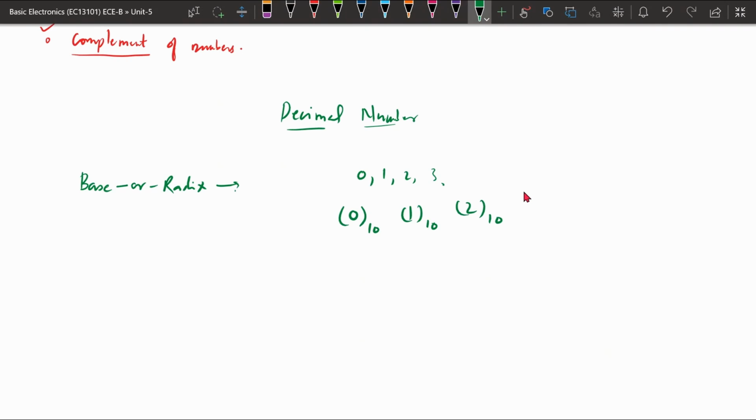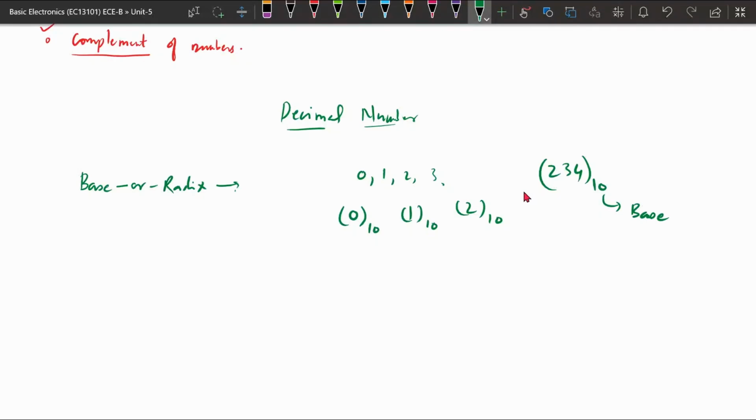For a decimal number, we write a subscript in brackets, 10, and this 10 represents the base.